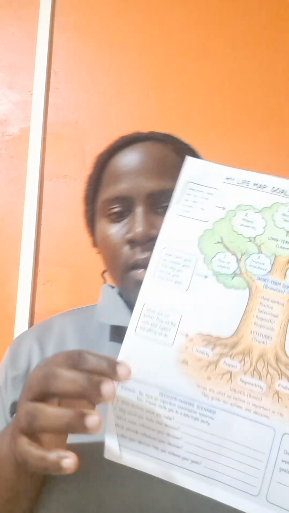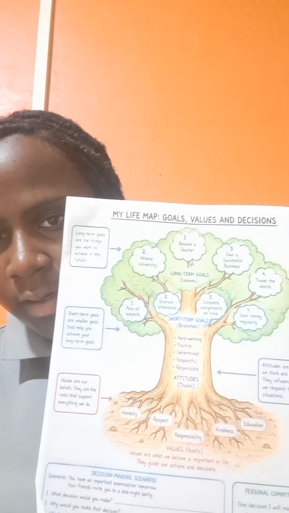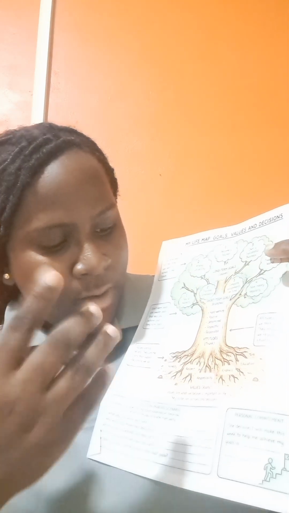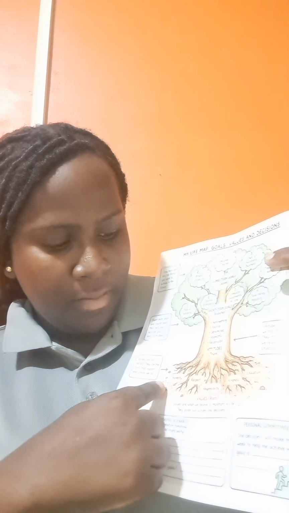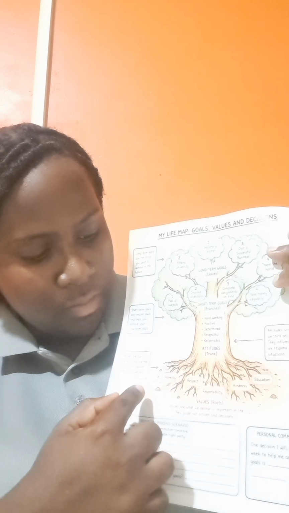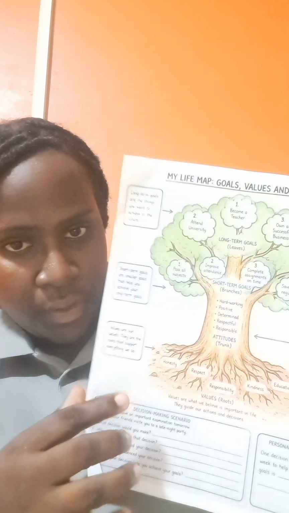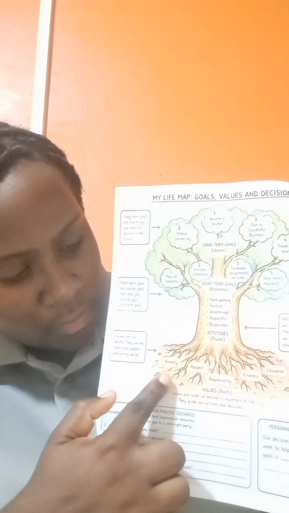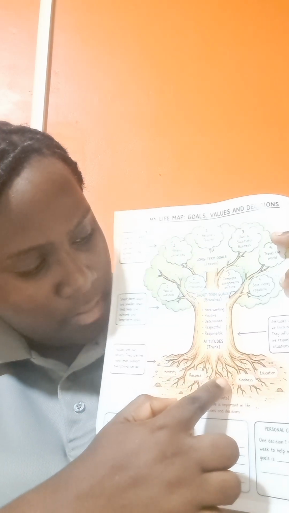I have a tree here, which they will have to fill in the blank slots. At the root of the tree, they will state their values. Whatever they value, they will outline it here.